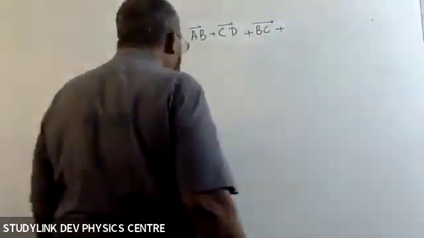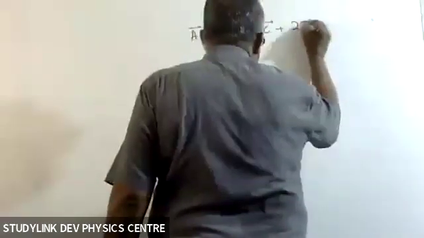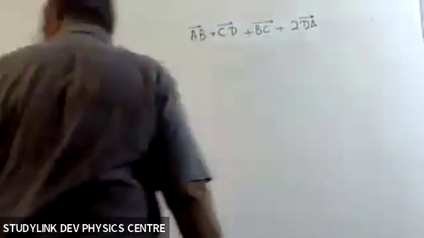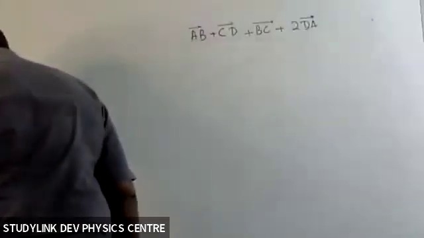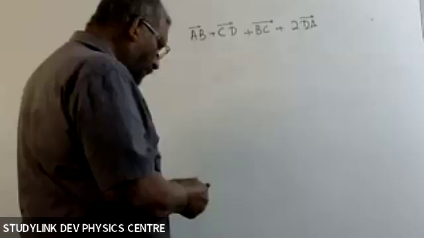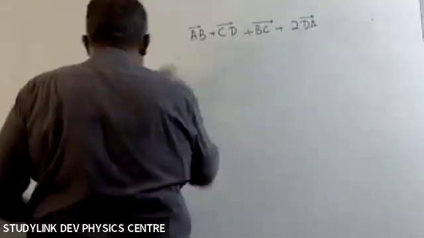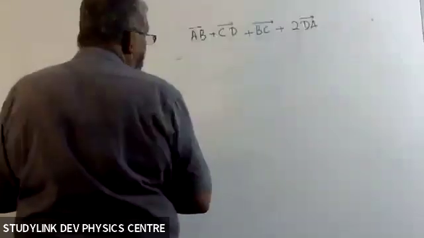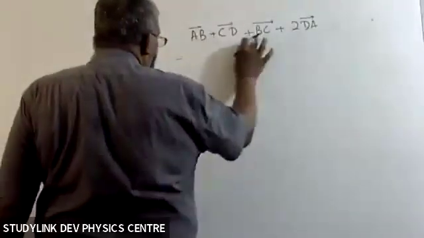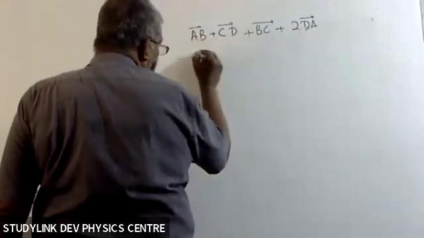Then after that, 2 times DA, get the addition of this. What you have to do is, even if you fail to draw the diagram, there is no need to draw the diagram. You can do it like this. You can arrange this. Normally, if same letters are closer to each other, we can add easily.